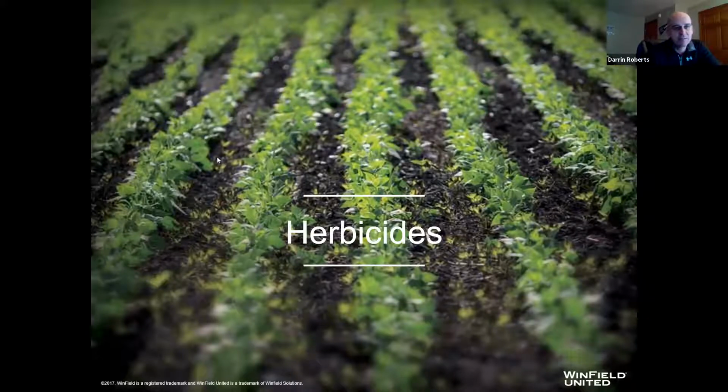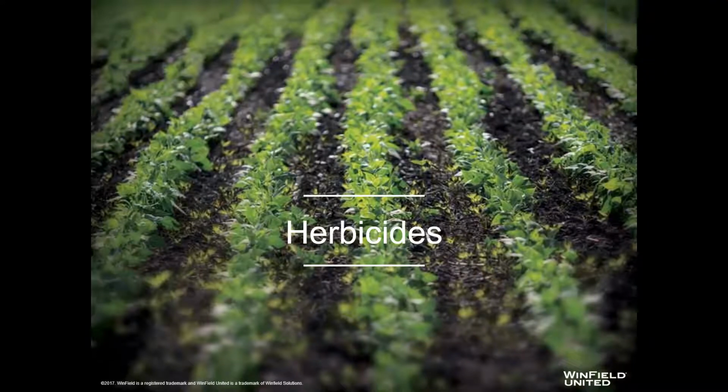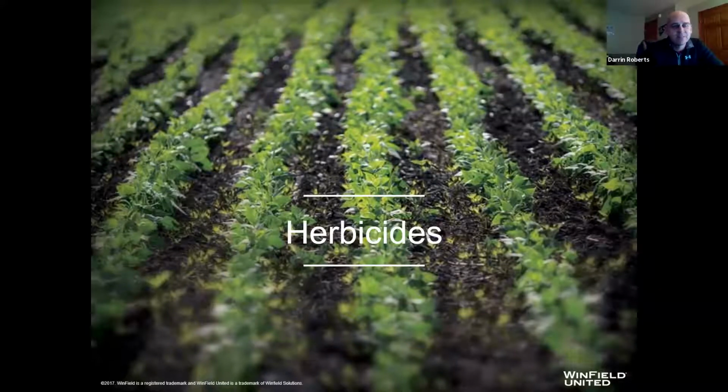So last week we talked about the basics of herbicides as far as activity and things like that. Today and next week, we're going to jump into some of the more specific details around mode of action and site of action.